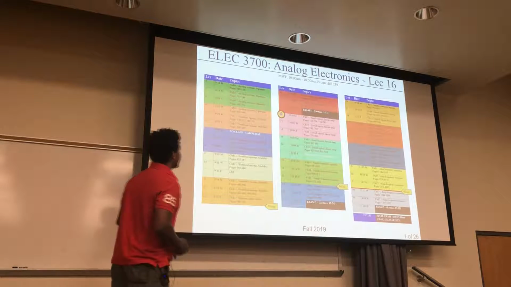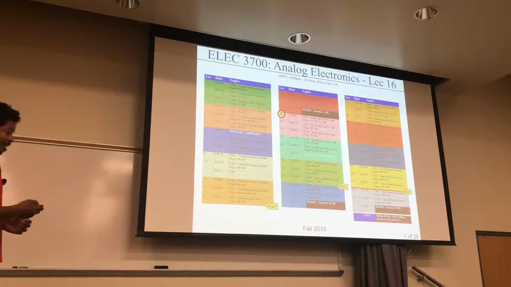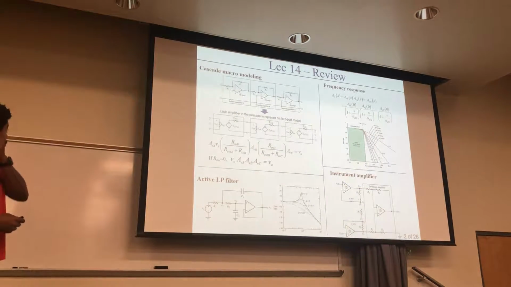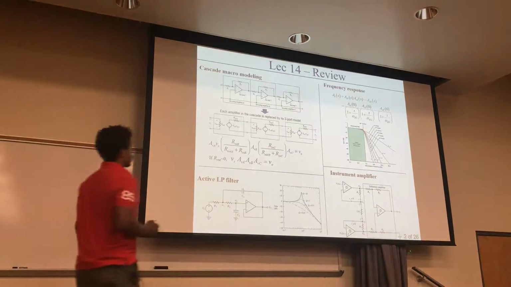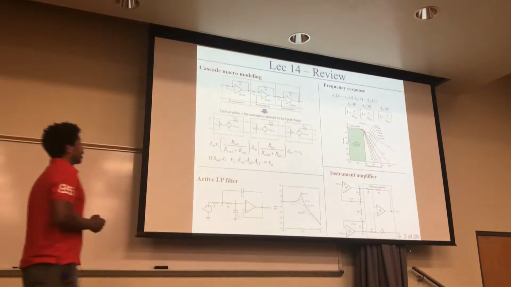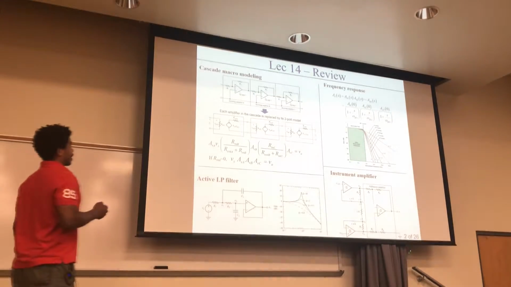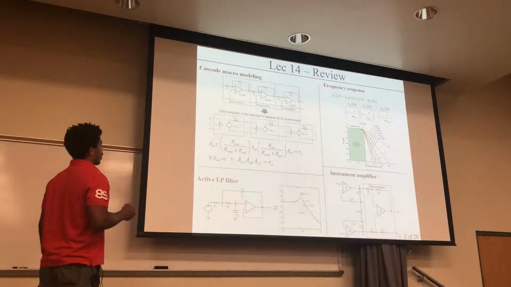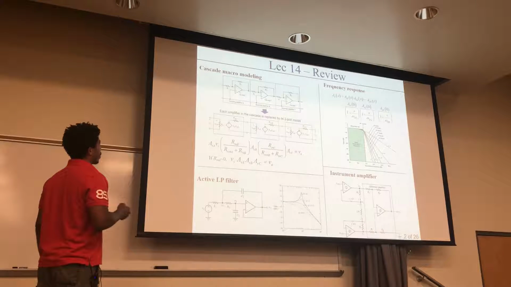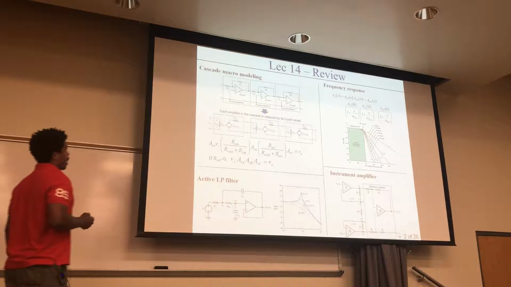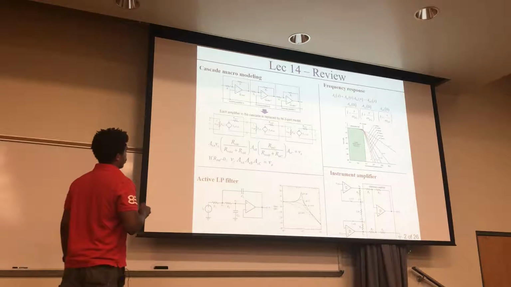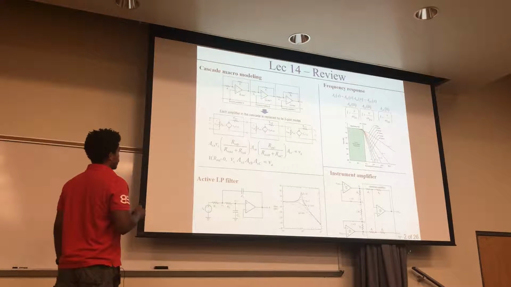Okay, so we're on lecture 16. For a quick review, in lecture 14 we looked at cascade macro modeling, where we abstracted the amplifiers into macro models, modeled as input resistances, output resistances, and voltage controlled voltage sources.